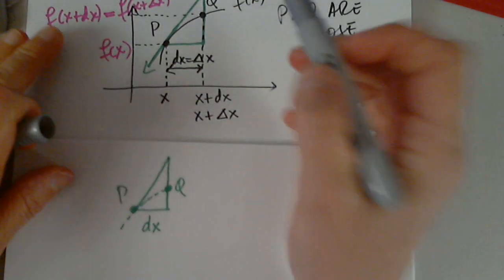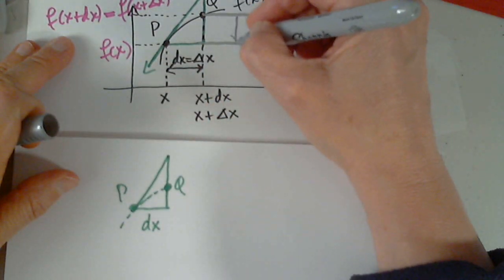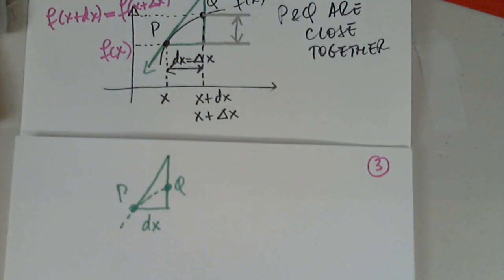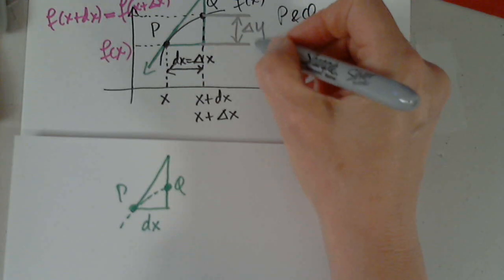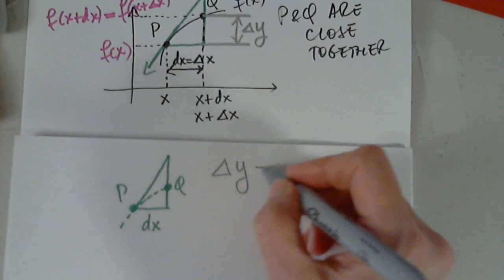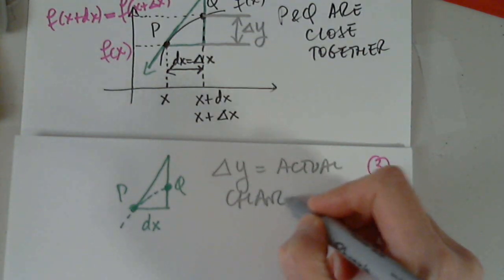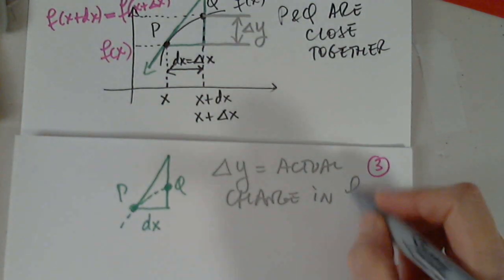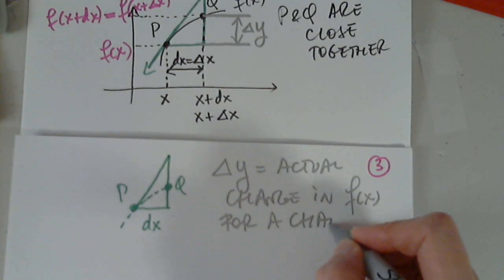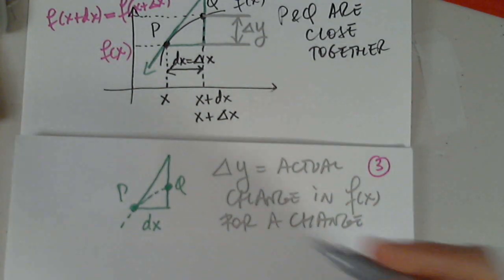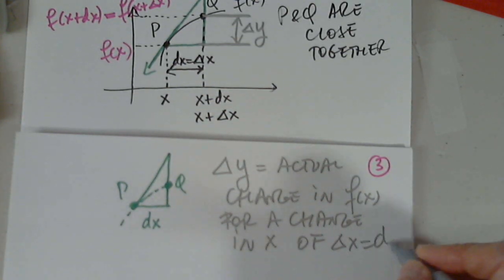Now, can anyone tell us what this is? This is what is called delta y. Delta y is the actual change in f of x produced by a change in x, of delta x equals dx.